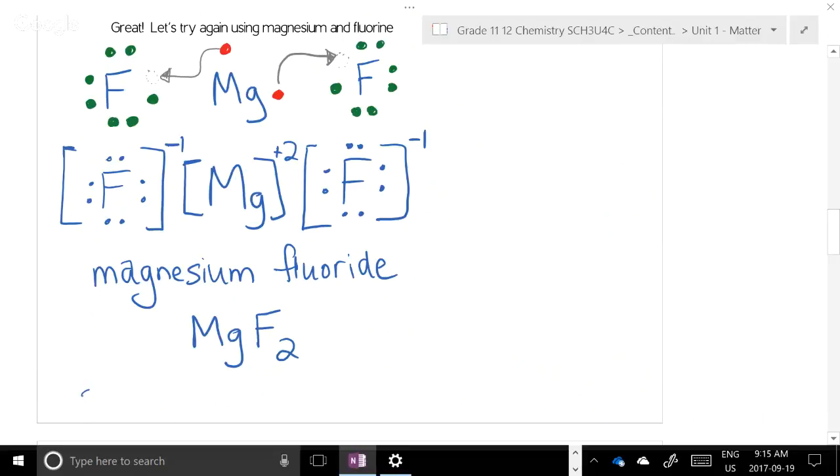In fact, we could say 2 fluorine plus 1 magnesium gives us MgF2. You don't have to put that, but does that make sense? We took 2 fluorine atoms, 1 magnesium atom, and together we made magnesium fluoride.